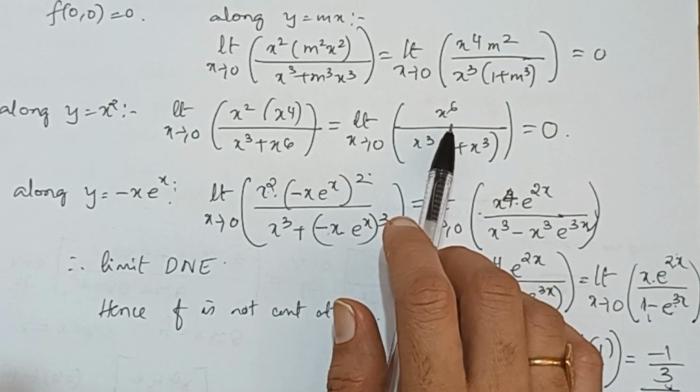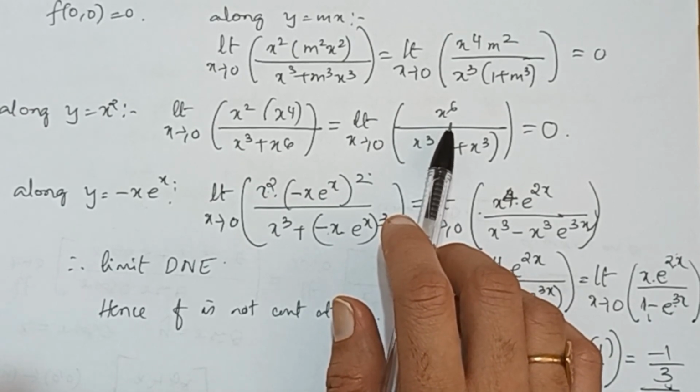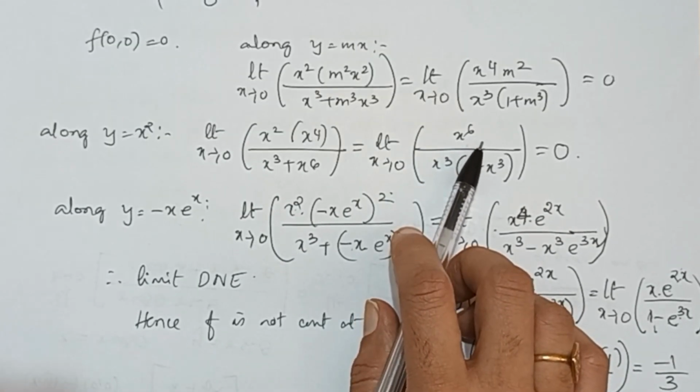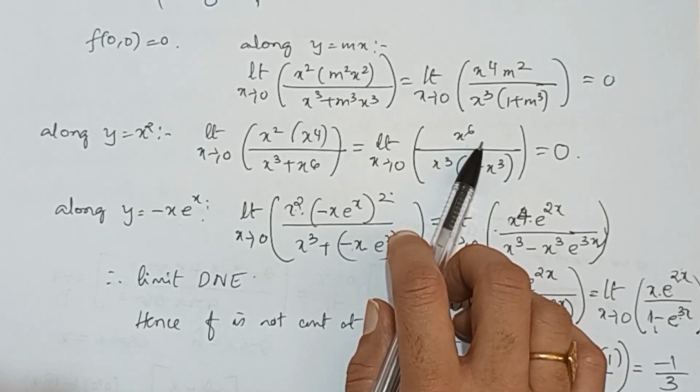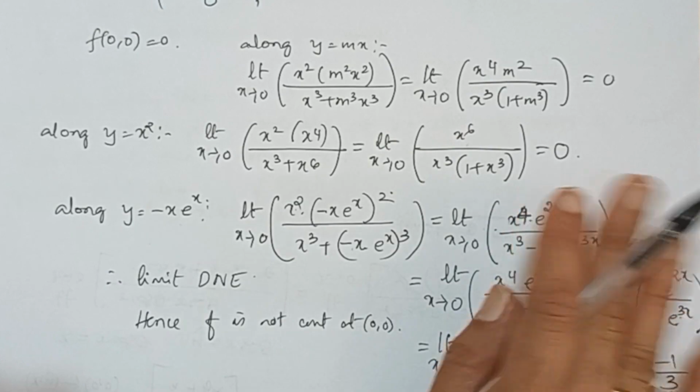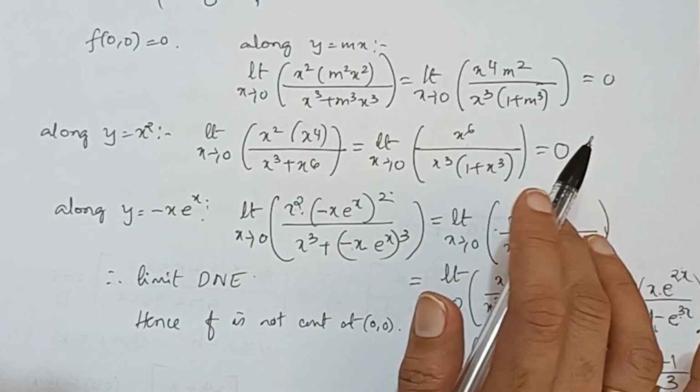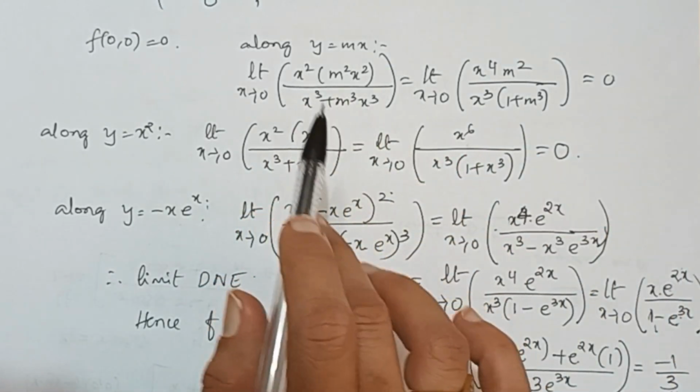This is how we check the continuity of the given function. To check the continuity, we have to check whether the limiting value of the function is equal to the value of the function at that point. If that happens, then the function is continuous at the given point. Otherwise, it is not continuous. So to check the continuity, we need to find out the limit.